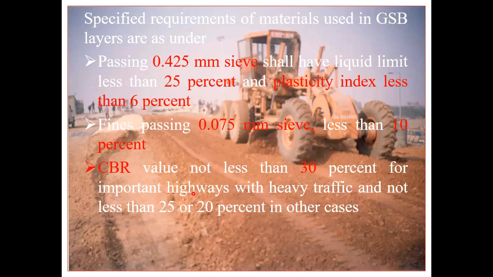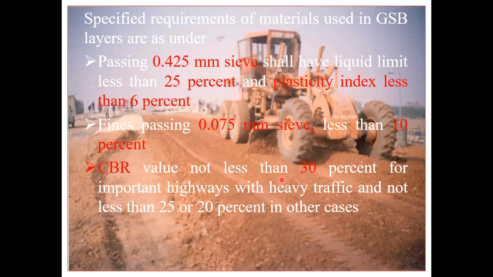Next, CBR value. You know how to calculate CBR. It should be greater than 30% for important highways, that is national highways.